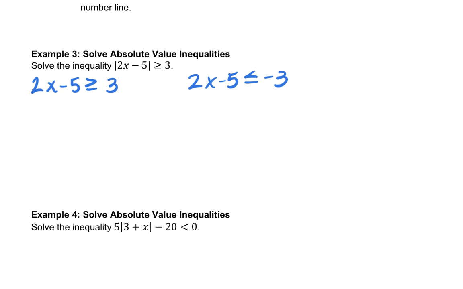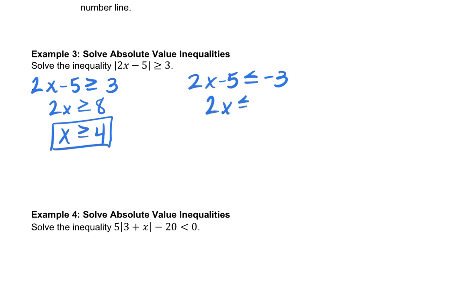So I'm going to add 5 to both sides. So 2x is greater than or equal to 3 plus 5 is 8. Divide by 2. X is greater than or equal to 4. Do the same thing here. Add 5 to both sides. So 2x is less than or equal to 2. So x is less than or equal to 1.